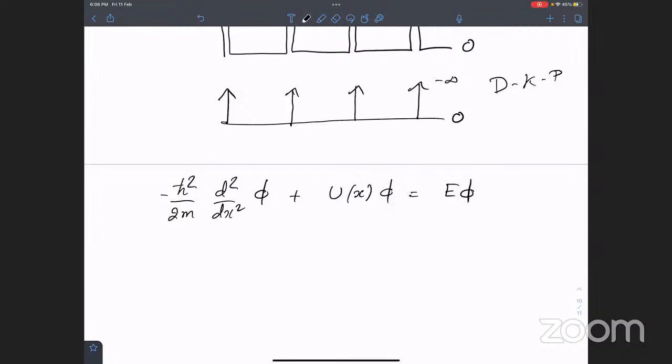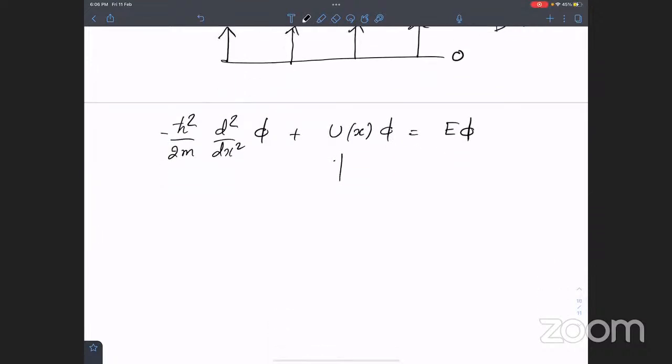This is the equation that we have to solve, where this U of x is actually a series of delta functions. So U of x is equal to U of x plus a.